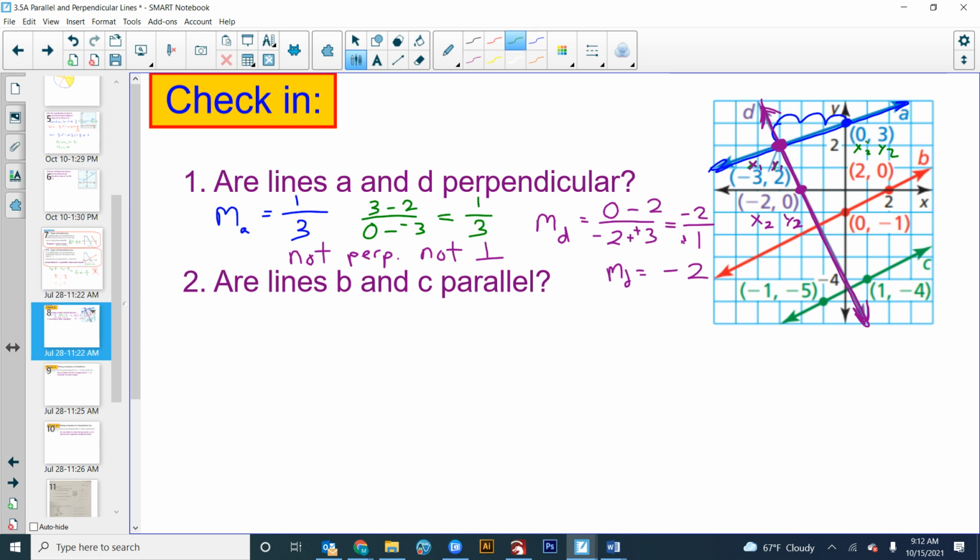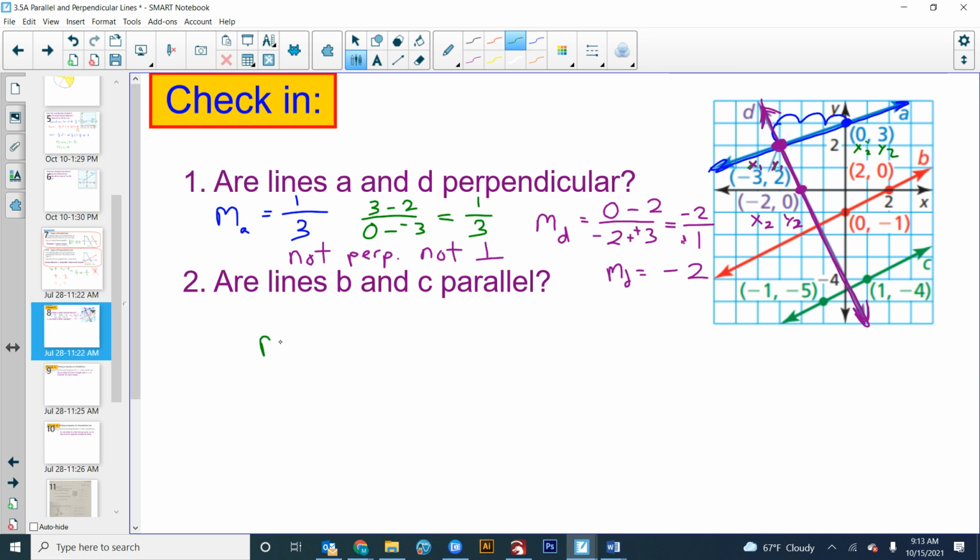How would we find out for part number 2, are the lines B and C parallel? If they have the same slope, okay? Well, because of time, let's look at B right here. We could do the slope formula. Do you agree if we just did the rise over run, we would rise 1 and run 2, both positives.